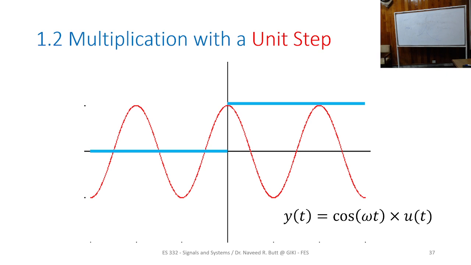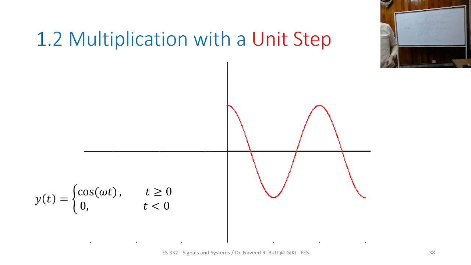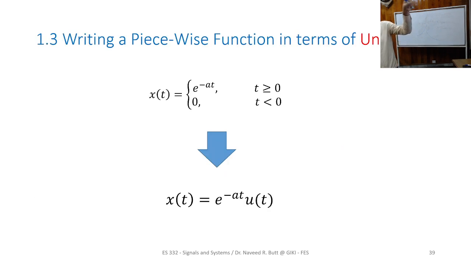Unit step, if you give it, you didn't change anything. Whatever scale it had, it will have it, right? So this will automatically lead to this thing, which is now a piecewise function. So you can rewrite piecewise functions with the help of the unit step. It becomes more elegant also.